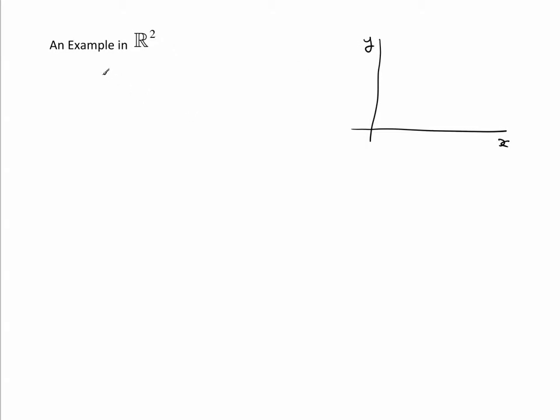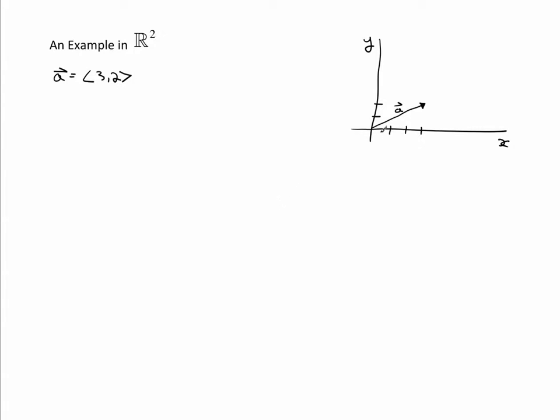Suppose I have the vector A equals 3, 2. So A is a position vector of, say, point P, which has coordinates 3, 2. So I do 1, 2, 3 on the x-axis, 1, 2 on the y-axis. So right there, this is vector A.